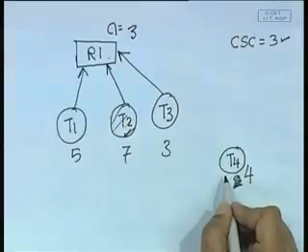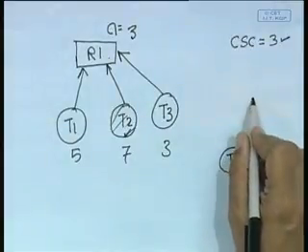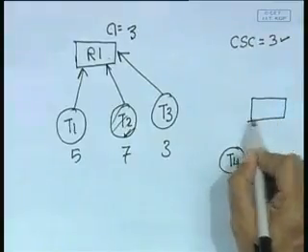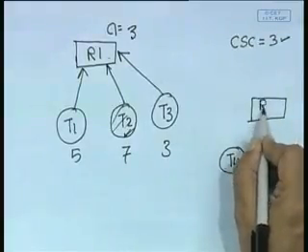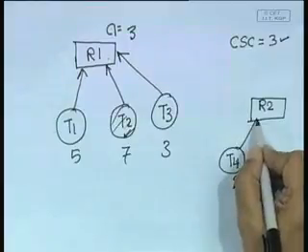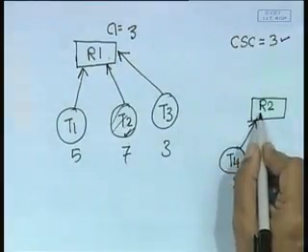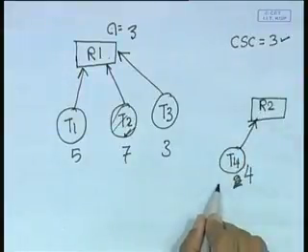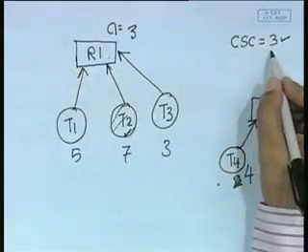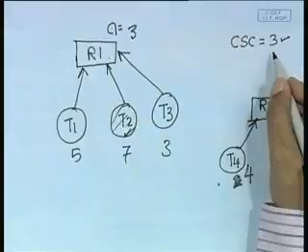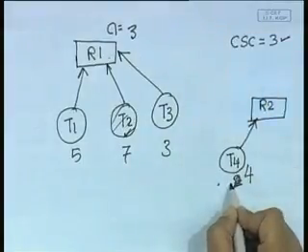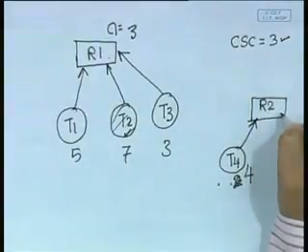Right. Now, let us consider the example where T4 also needs another resource, let us say R2, and T4 requests R2. Then T4's priority will be checked with the current system ceiling, and if T4's priority is larger than the current system ceiling, it will be granted R2.